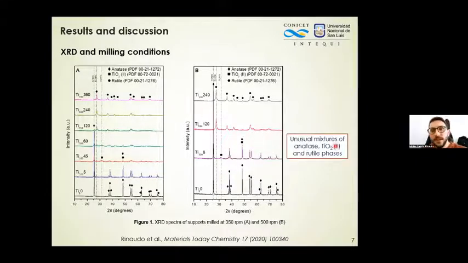We obtained some unusual mixtures of these three polymorphs according to the milling time, which was really interesting. We could see that from the reflection lines in the XRD. This is the case of the speed of 350 rpm. At 500 rpm, we obtain the same transformation, the same polymorphs, but in a faster way.